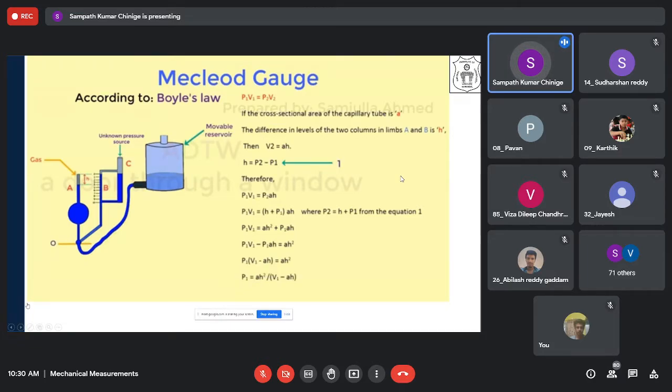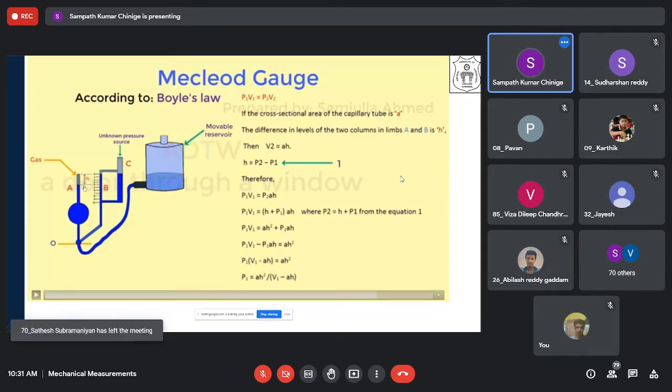Therefore, the pressure P1, which is what I need to find out, the initial unknown low pressure, is equivalent to the final expression: small a, which I know from the diameter of the capillary tube, and height H, which we can get from the manometric tube, divided by capital V1, the total volume of this capillary tube along with the bulb, minus this small area into H. Now, when you consider V1 along with AH, V1 is much bigger, isn't it?